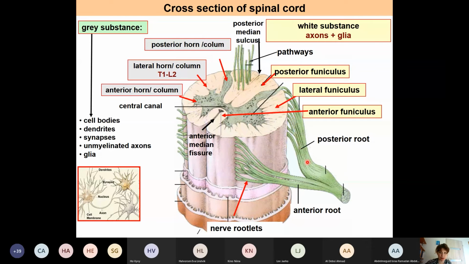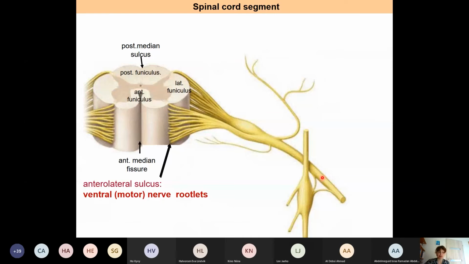We have posterior root and anterior root, and the roots will then fuse with each other at the level of the intervertebral foramen, and they will form the spinal nerves. And you will see a thickening on the posterior root, and that will be the dorsal root ganglion. But these are also here visible.